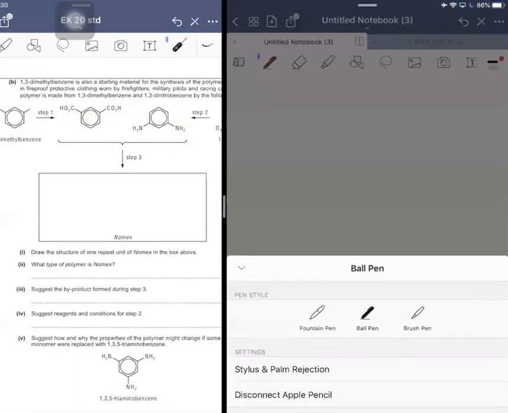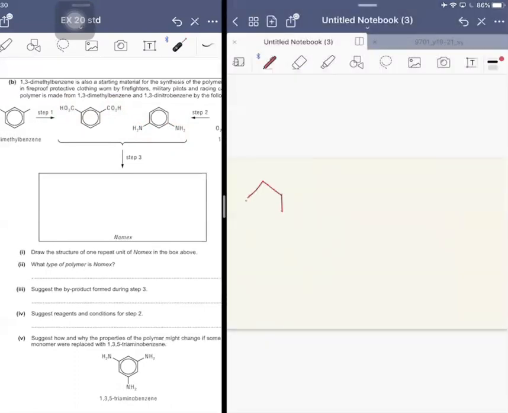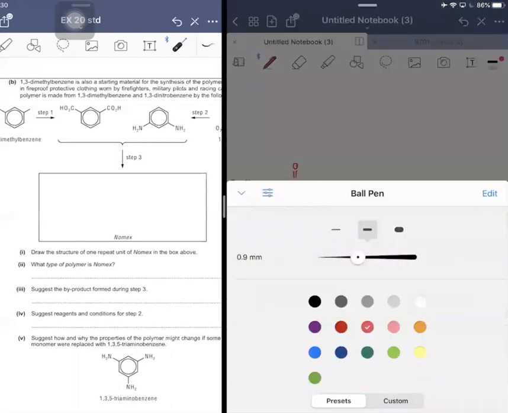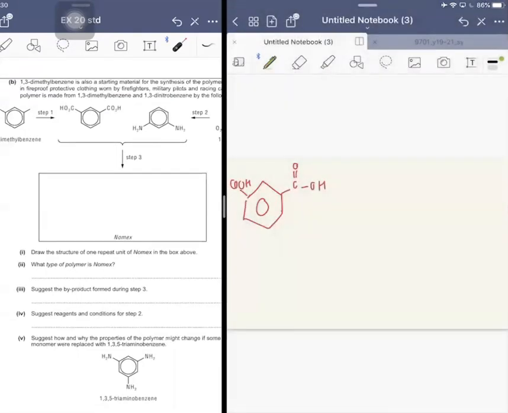Make sure that the acid is next to the base. COOH, and then you put the amine next to it, a little bit higher.